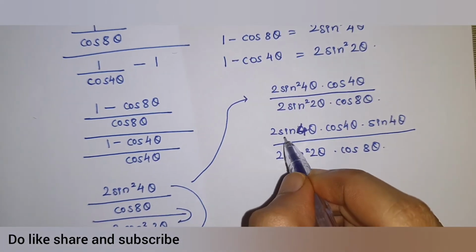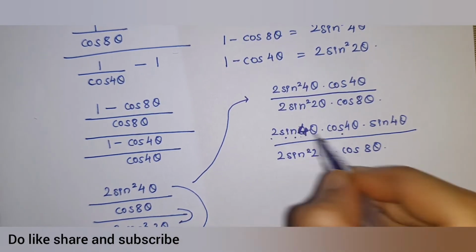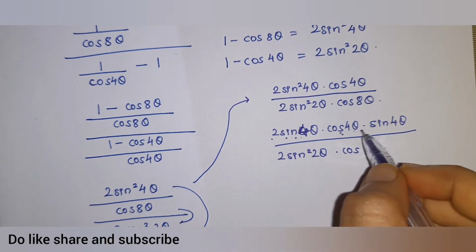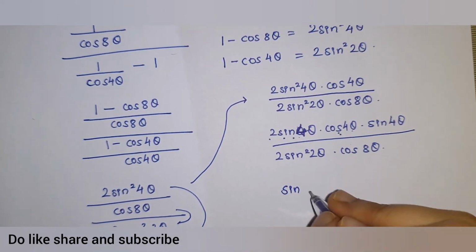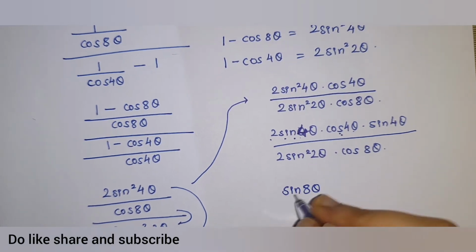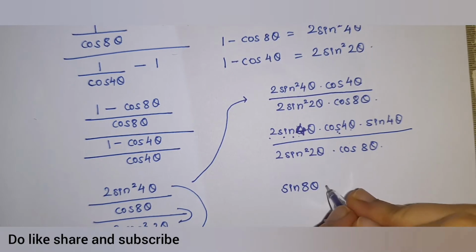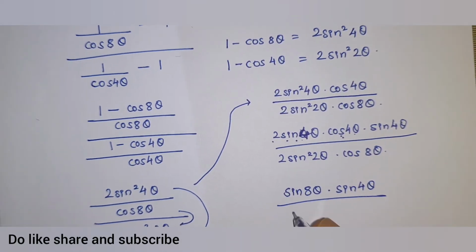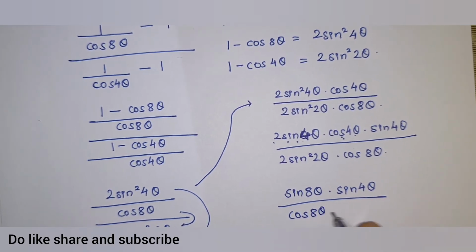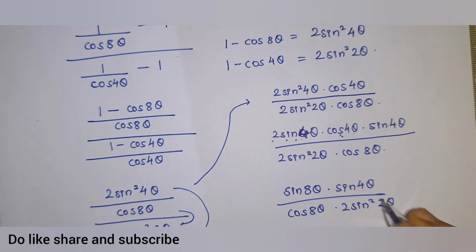Here this 2 into sine theta into cos theta, that is 2 into sine of 4 theta into cos of 4 theta, will be equal to sine of 8 theta. It is a trigonometric formula. So sine of 8 theta into sine of 4 theta, completely divided by cos of 8 theta into 2 sine square 2 theta.